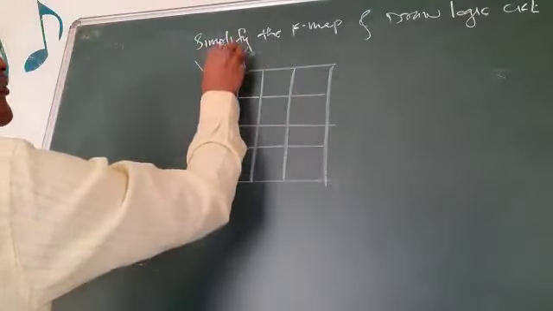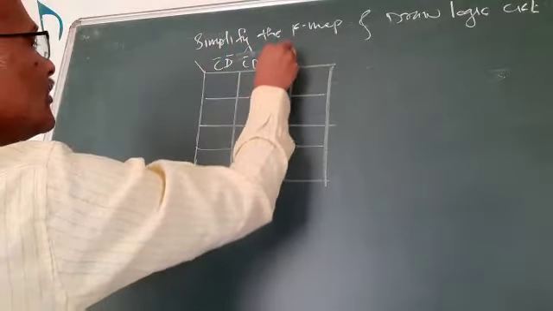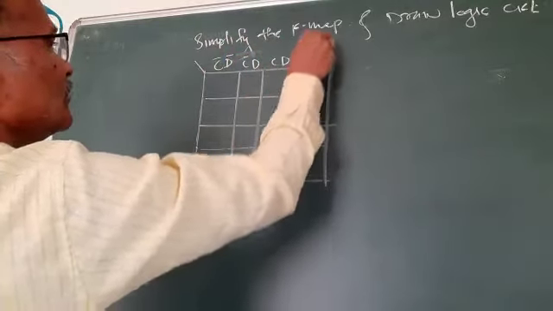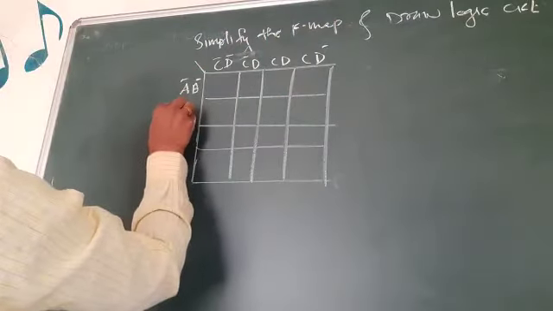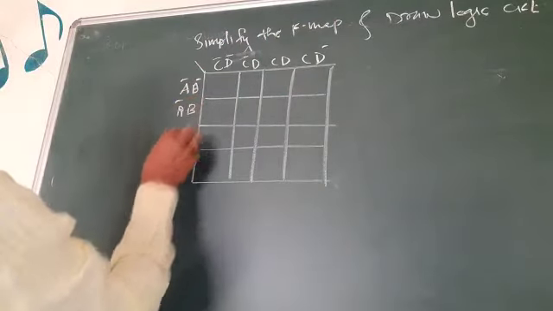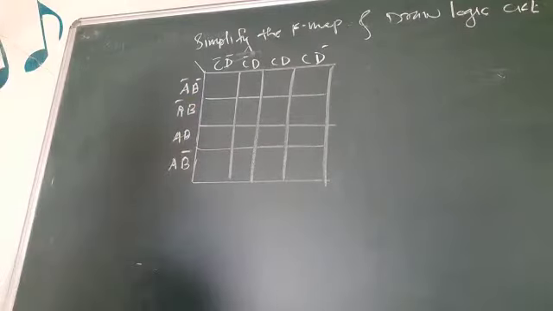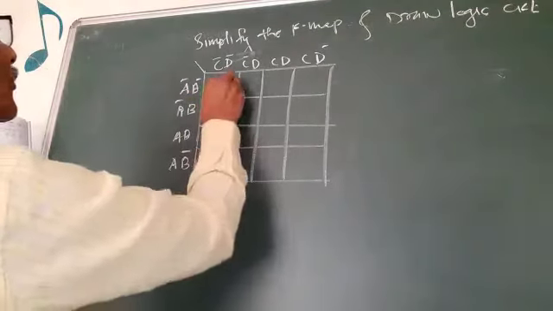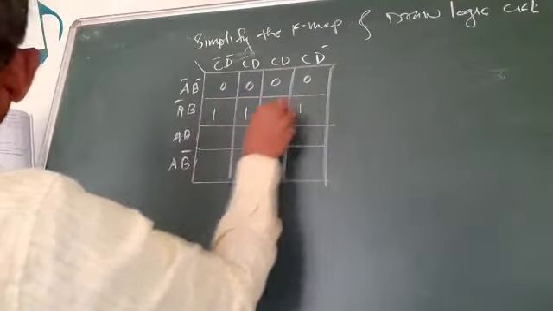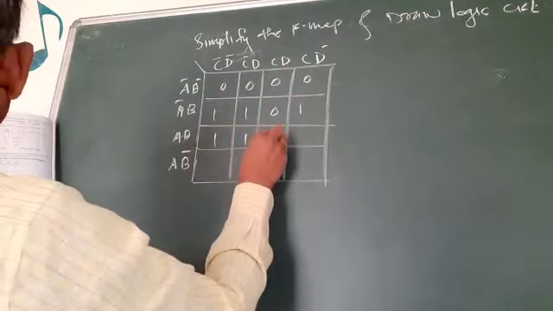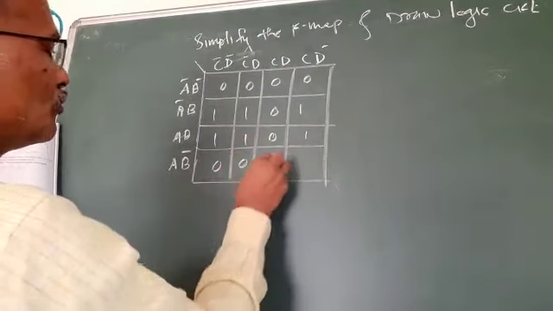So here C bar D bar, C bar D, CD, CD bar. So here A bar B bar, A bar B, A B and A B bar. In this example 0 0 0 0 are there, 1 1 0 1 is there, 1 1 again 0 1 is there, and 0 0 0 0.